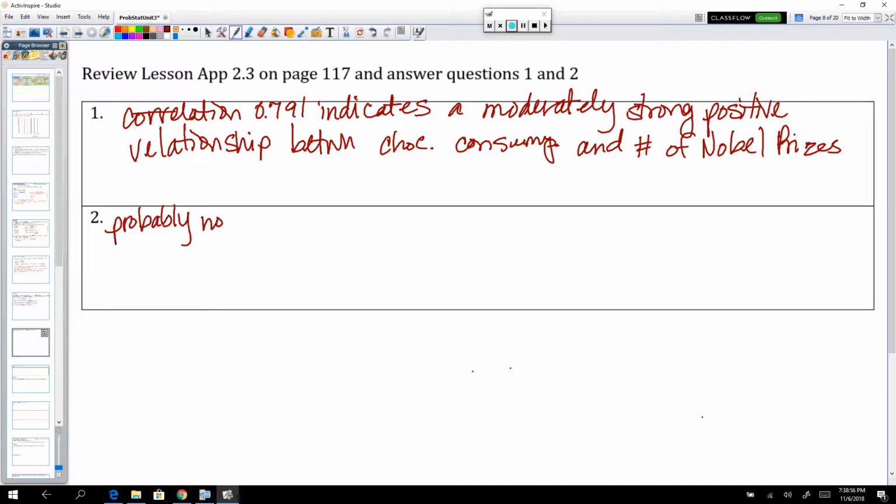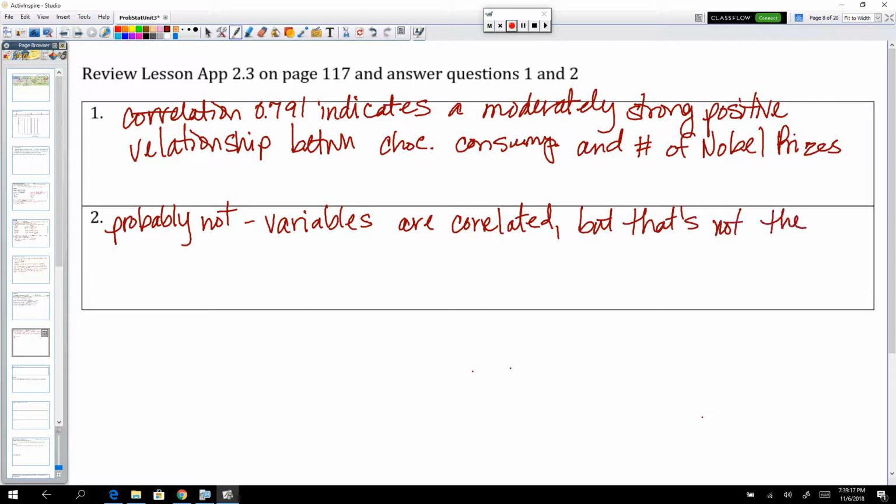And the explanation for that is that the variables are correlated, but that's not the same as causation. You're probably saying this before I write it, right? That's not the same as causation.